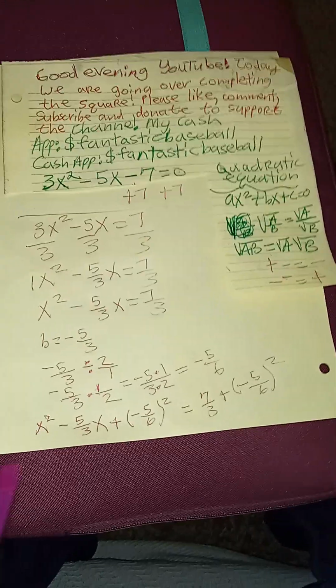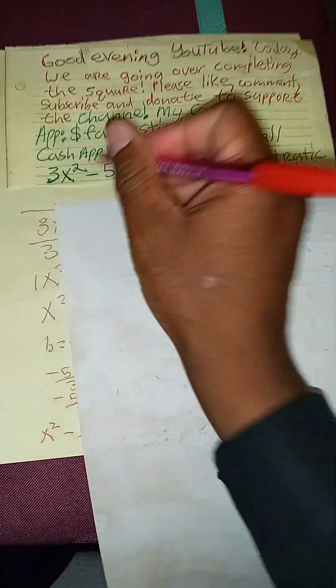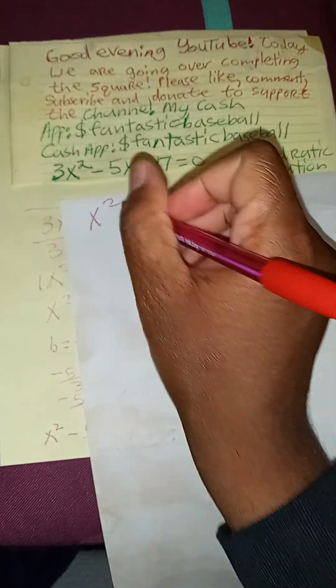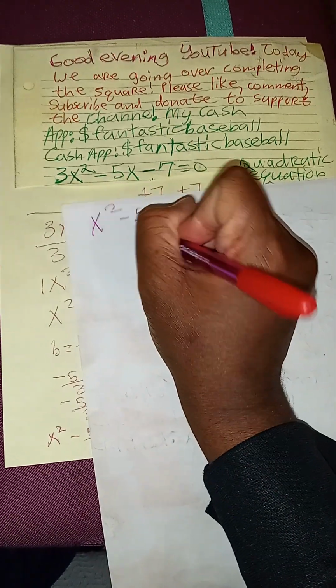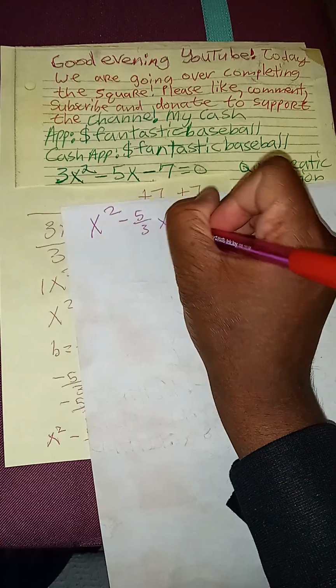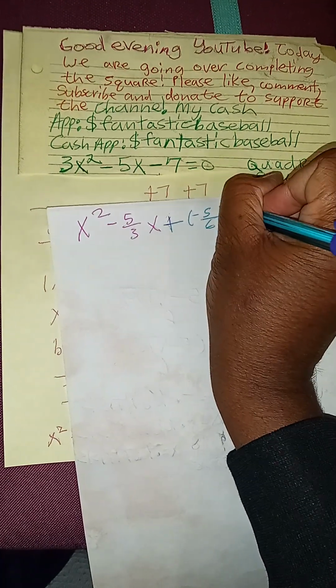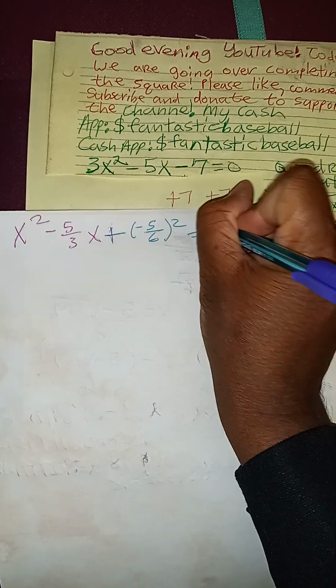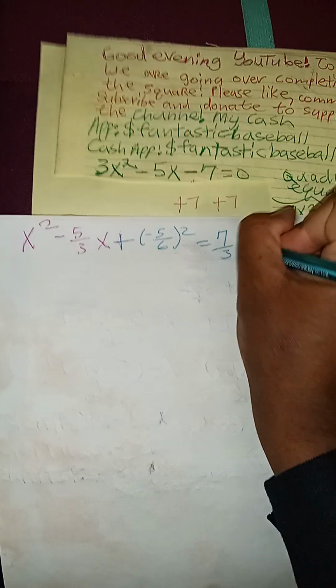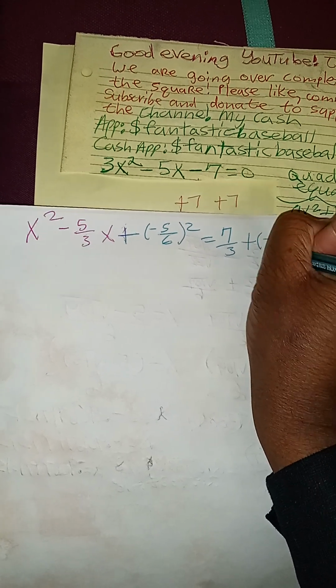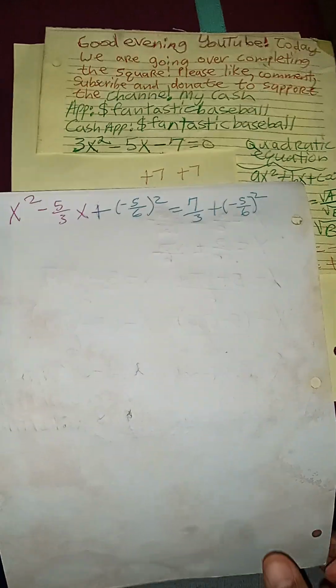Now, I'm going to rewrite that on another sheet of paper. So x squared minus 5/3 x plus a negative 5 over 6 squared is equal to 7/3 plus negative 5 over 6 squared. Okay, just as before.